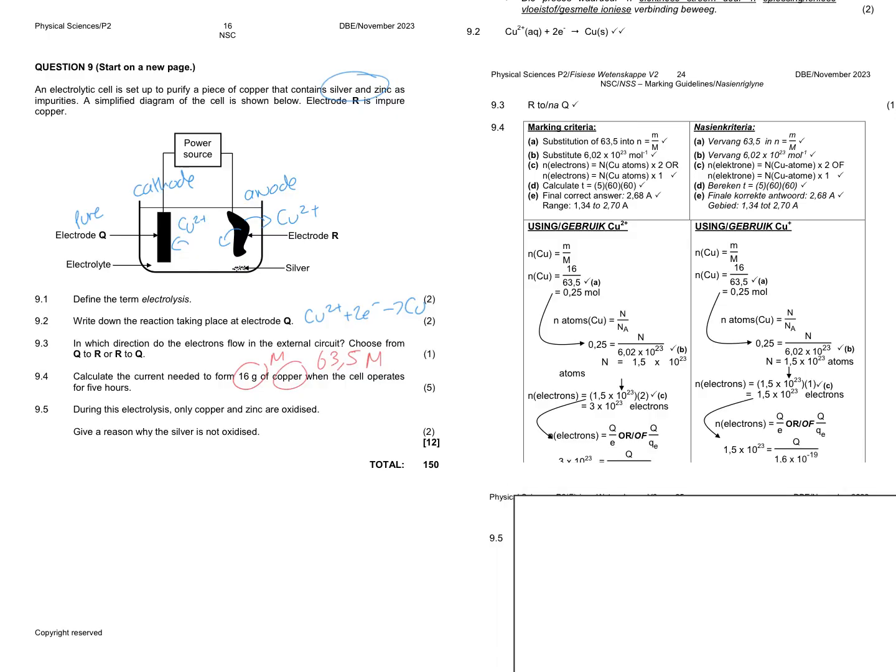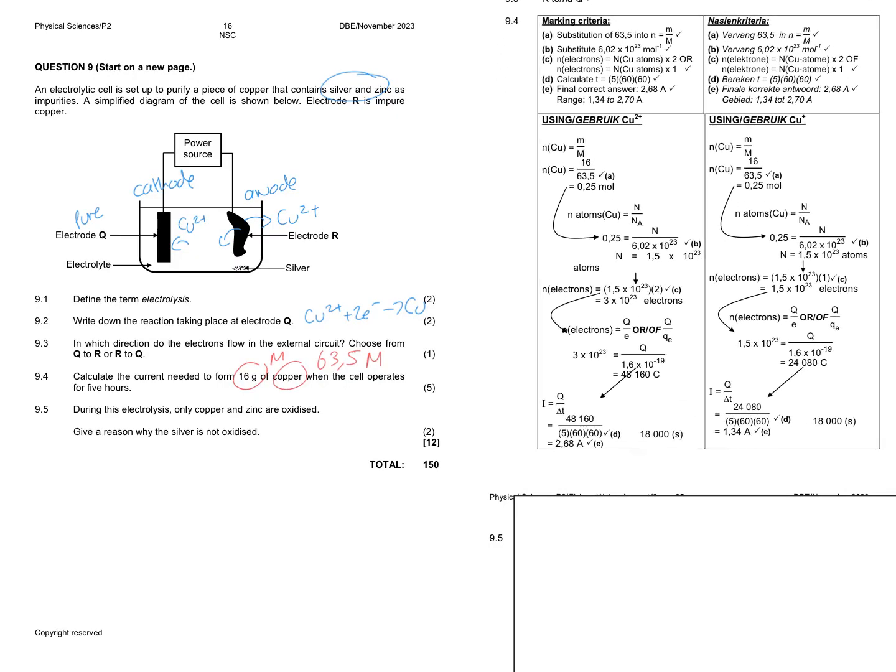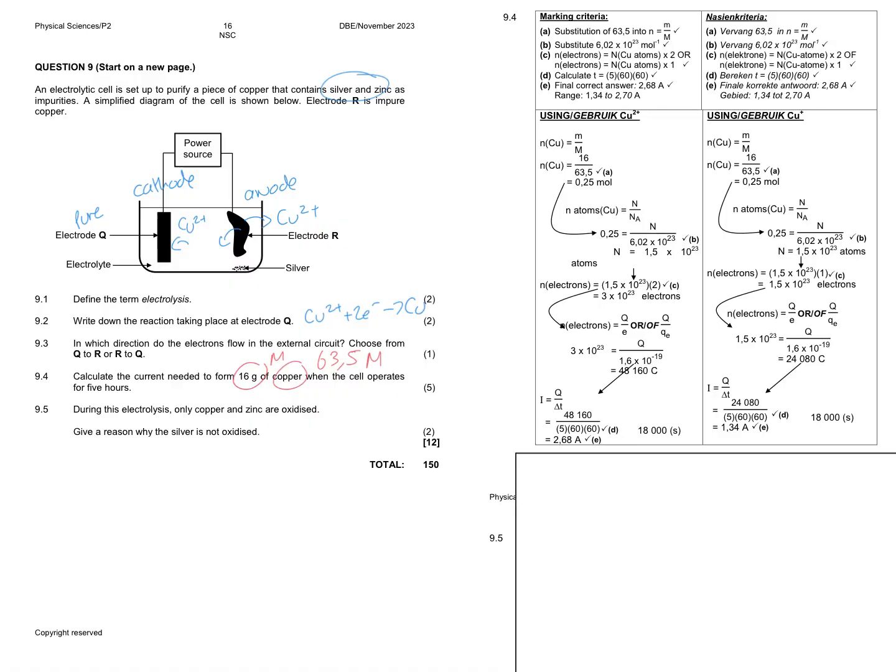Then you work out how many electrons you need. And once you have that, you can work out how much charge you need, because the charge of every electron is 1.6 times 10 to the minus 19. So you have the number of electrons, you have the charge of each electron, so you work out the total charge that you need. And 5 hours is 18,000 seconds. You get a mark for just working that out.